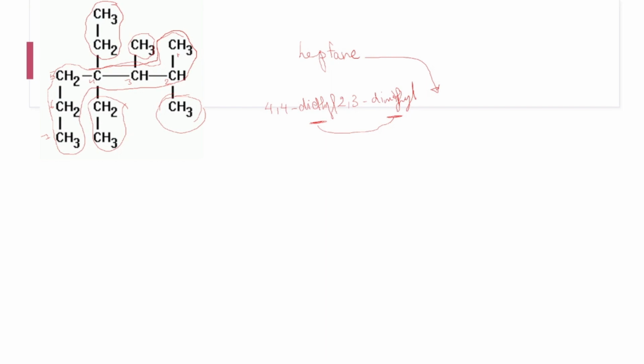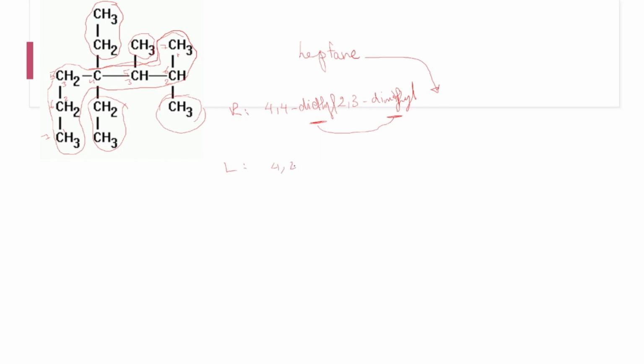What if I started the numbering from the other side here? So I will have 1, 2, 3, 4, 5, 6, 7. I'm going to have 4, 4 diethyl still, if I start from the left hand side. Here this is the right hand side.